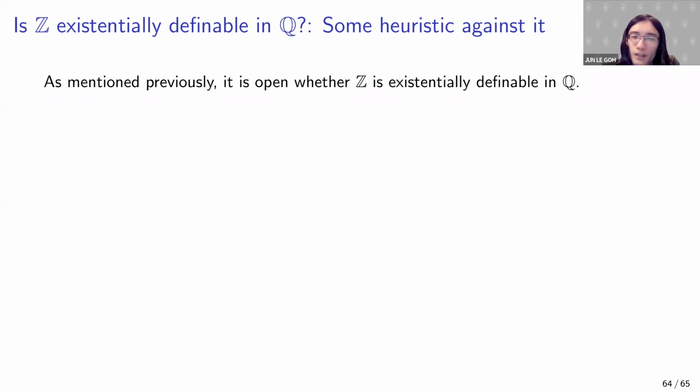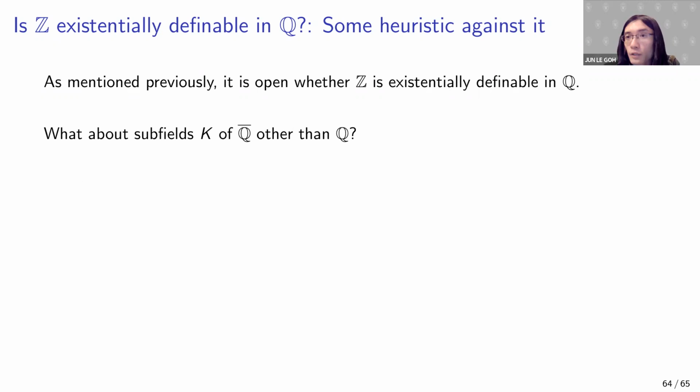Now, we can consider the analogous question not for Q, but for other subfields of the algebraic closure Q bar. So what about subfields K of Q bar other than Q? In the algebraic closure, there are many subfields. Number theorists really care about these.